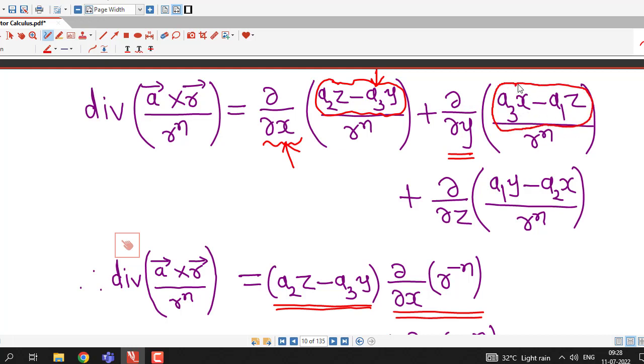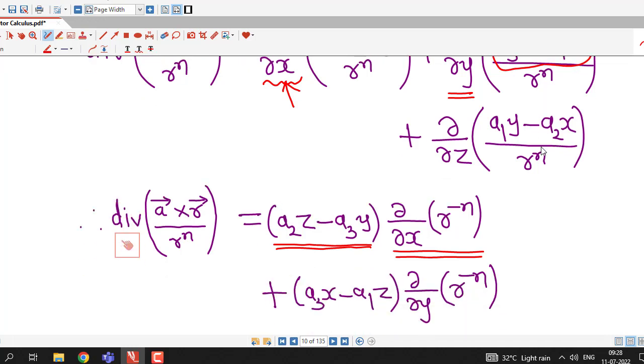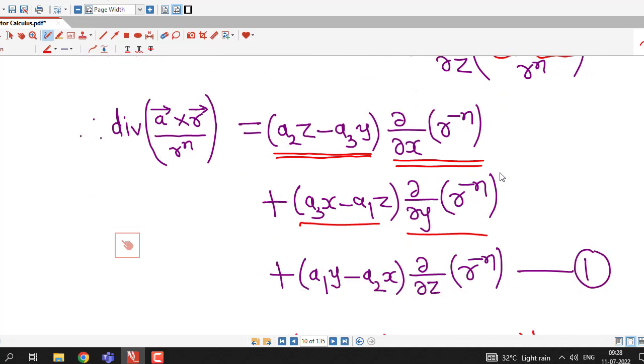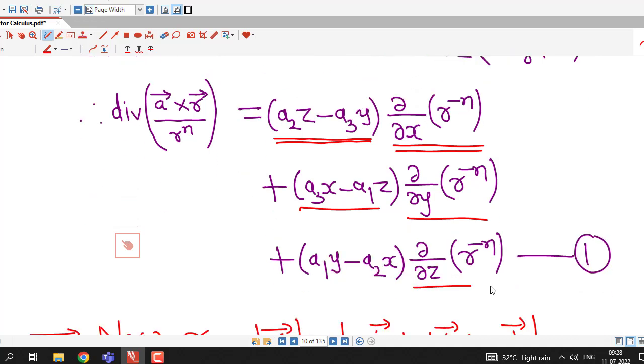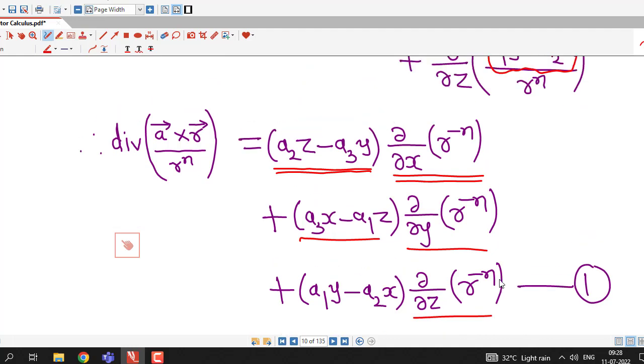So this is outside, and the partial derivative of r raised to minus n with respect to y, so that I have written here. Similarly here the derivative is with respect to z, therefore a1y minus a2x is considered as constant, into del by del z of r to the power minus n.